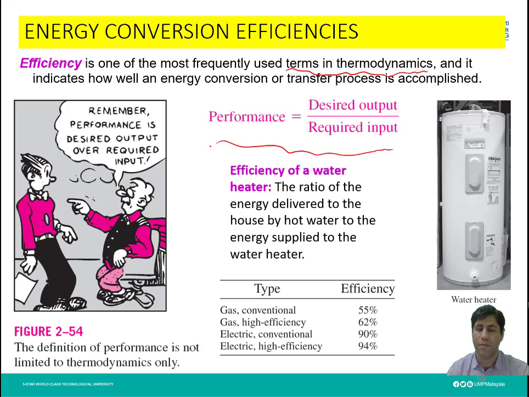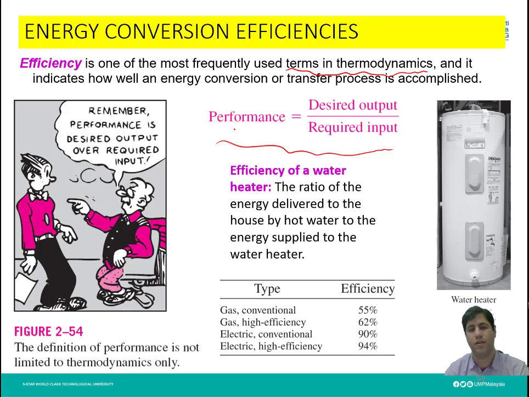And the maximum performance will be 100%, which is something we don't have in the real world, where all of the required input is converted to the desired output. Because of some waste, leakage, or loss of inputs, we cannot have 100% desired output.